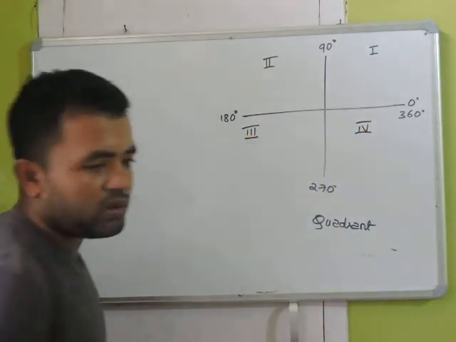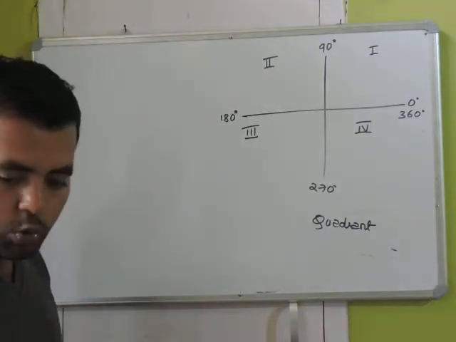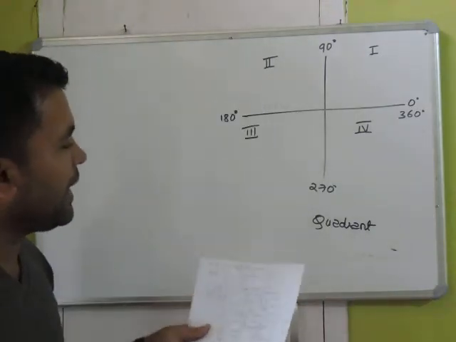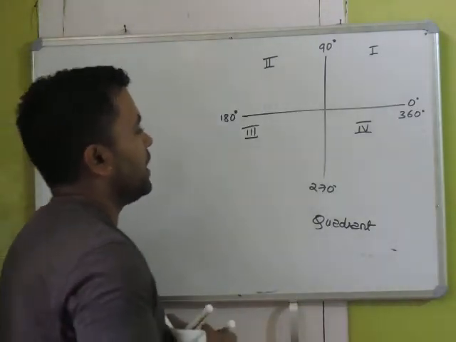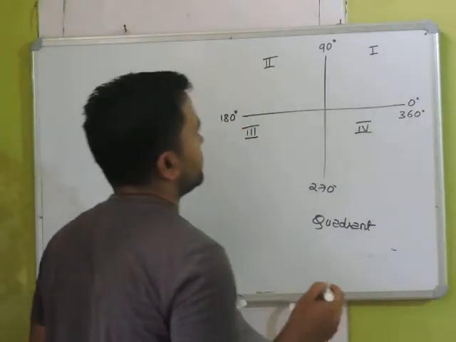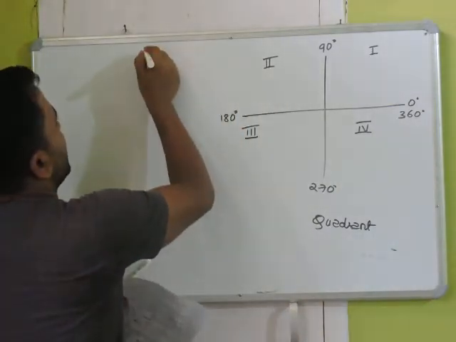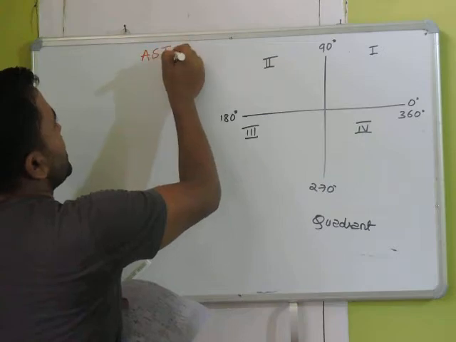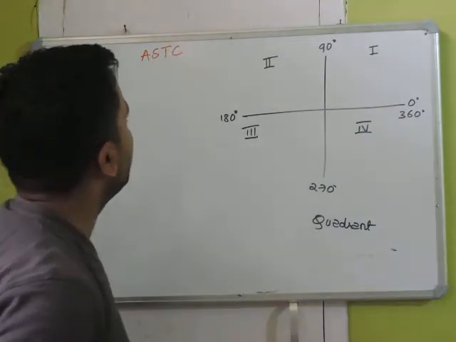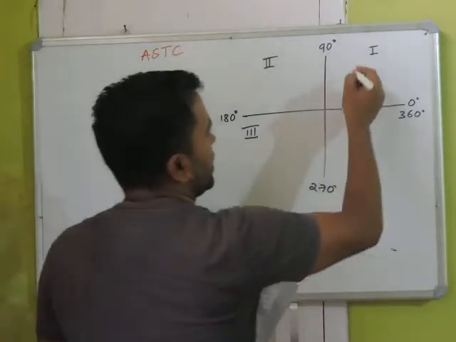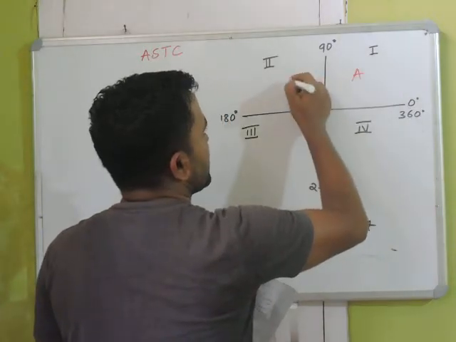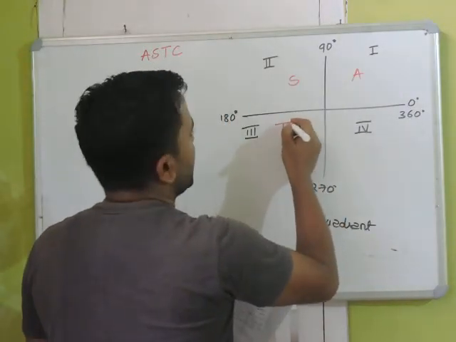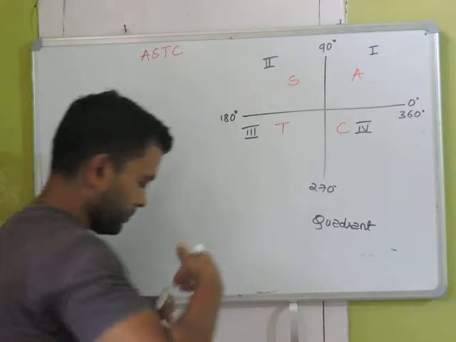Now it turns out that there is a rule associated with the angle, and that rule we are going to call ASTC. We'll explain the meaning of it. Let me write A here, S here, T here, and C here.